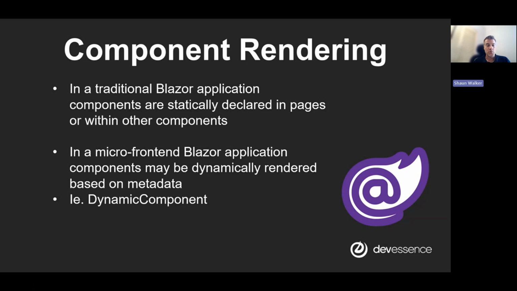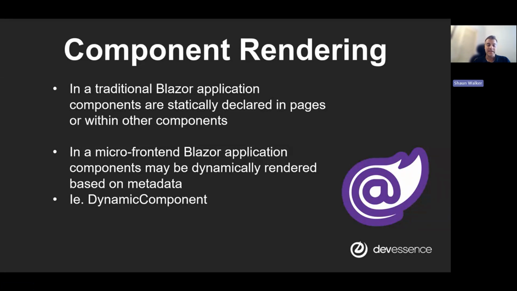And then you can use the dynamic capabilities of Blazor to render the components dynamically at runtime based on metadata. There is a component available as part of Blazor called DynamicComponent, which makes it very easy to dynamically load a component based on its type name. And so you can use this to do a lot of dynamic injection of components into the UI.